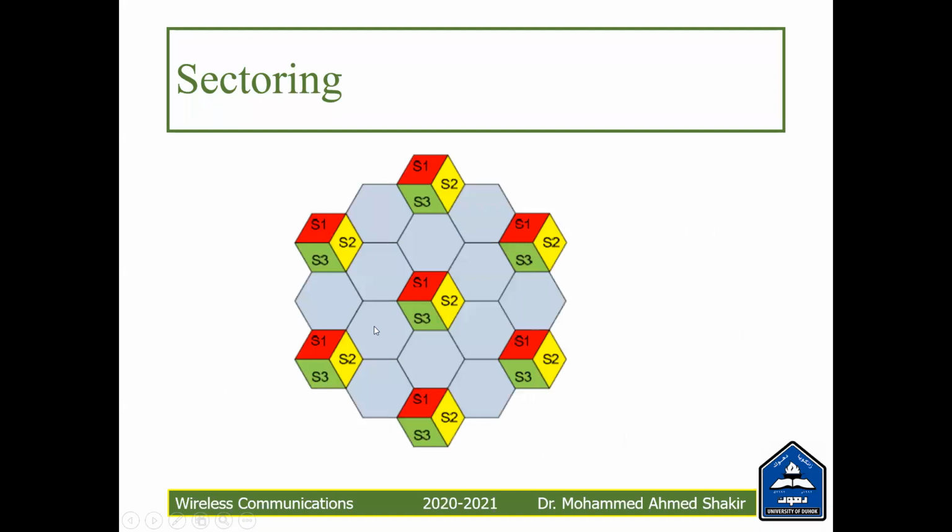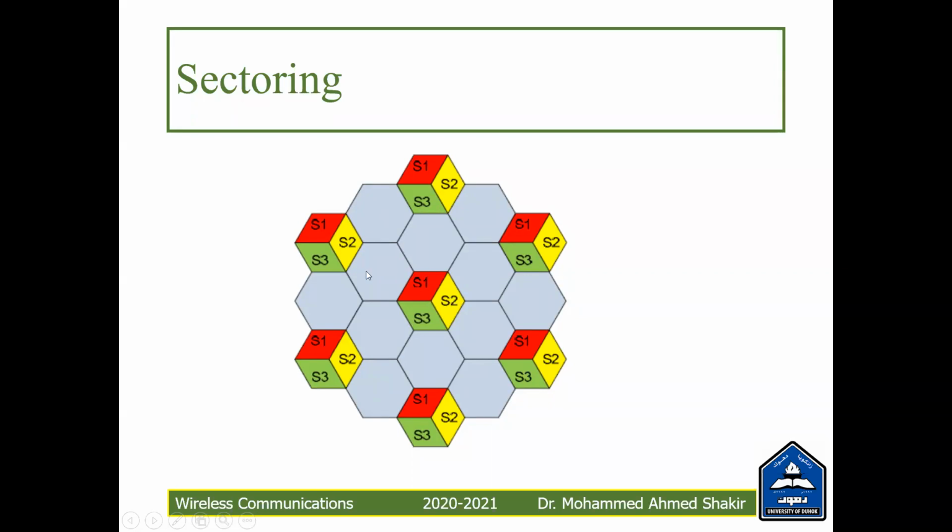Let's go to the figure to show you what I'm talking about. Here we have, say, cell A and 6 interfering cells in the first tier. What we are going to do is select S2 to the right for all interfering cells, sector S3 to the left, and sector S1 to the top.